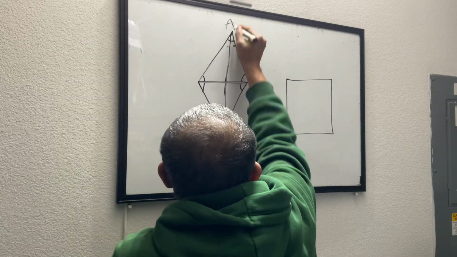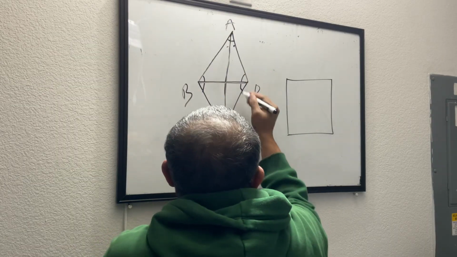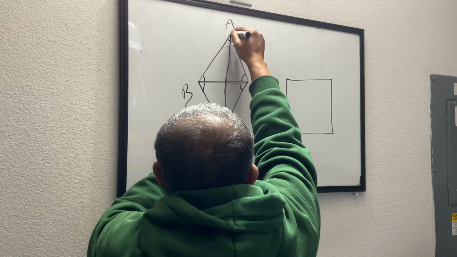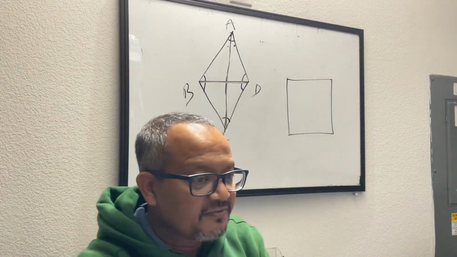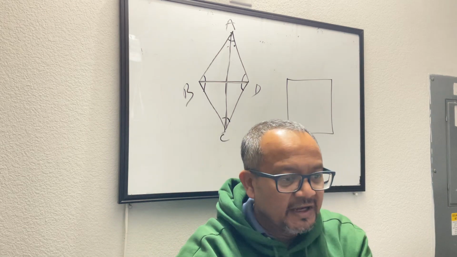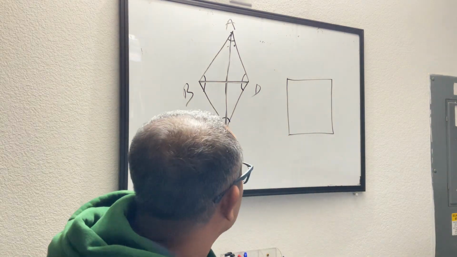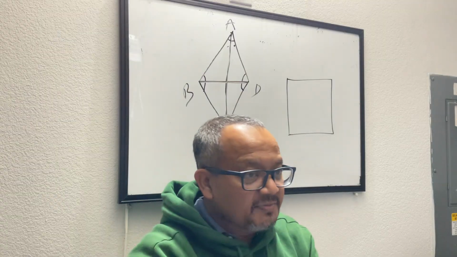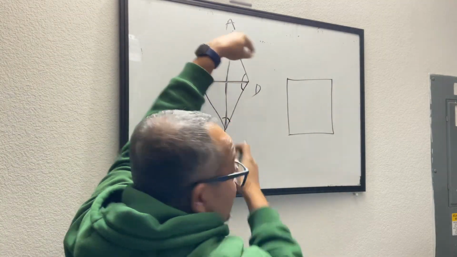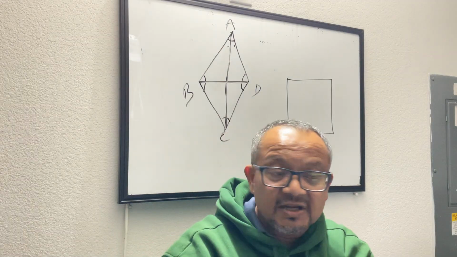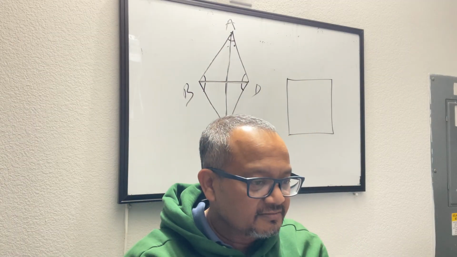So if this is a rhombus ABCD, A to C is called diagonal 1 and B to D is called diagonal 2. And that has a very important role in finding area of a rhombus. Because the property of rhombus says that the diagonals perpendicularly bisect each other.